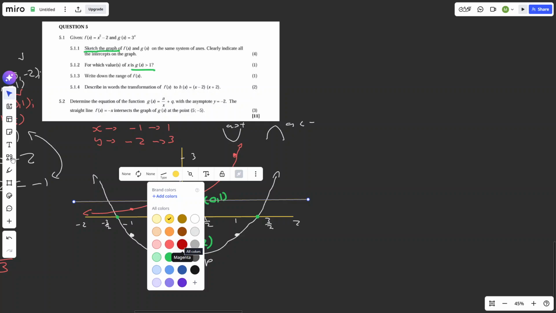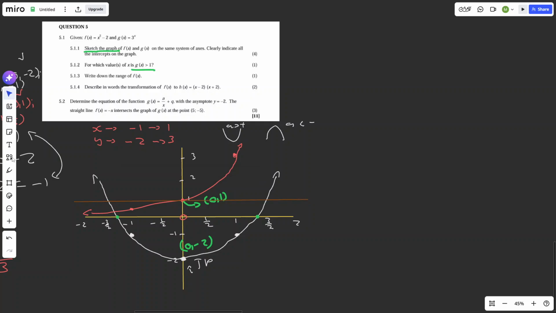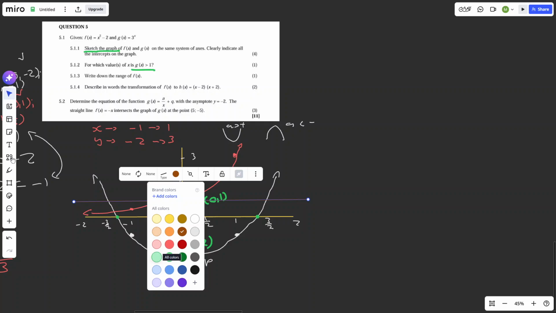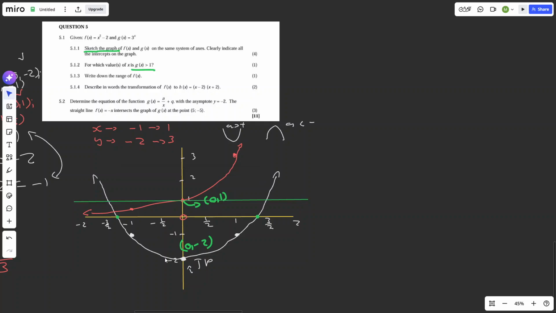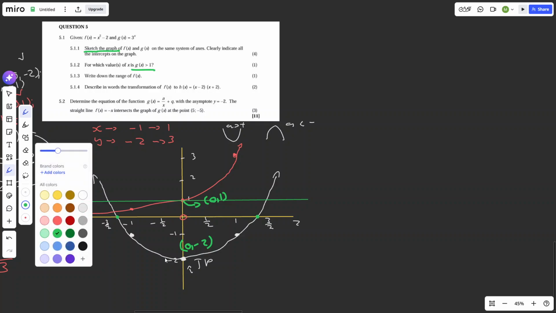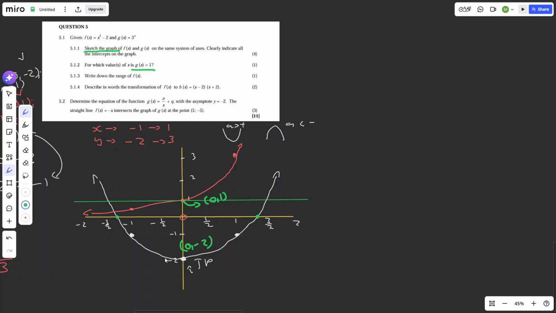But let's just put a different color here, maybe just green. Okay, so here what we want to do, we want to find values of x for which our function is greater than 1.